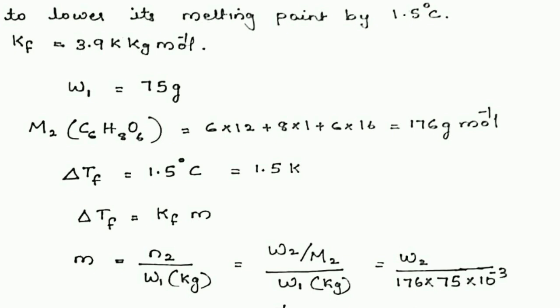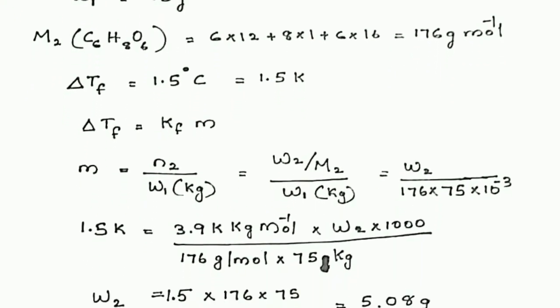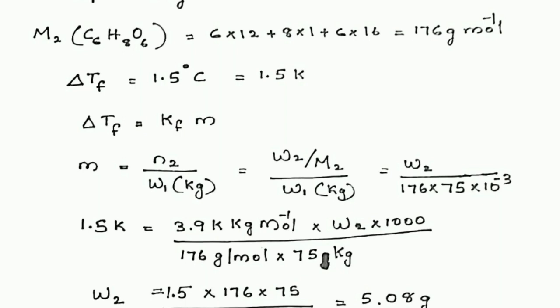Substitute those things, so you are getting W2 divided by 176, the molar mass, into W1, which is 75 into 10 raised to minus 3. Now you substitute that in the previous equation, delta TF is equal to KF into m.